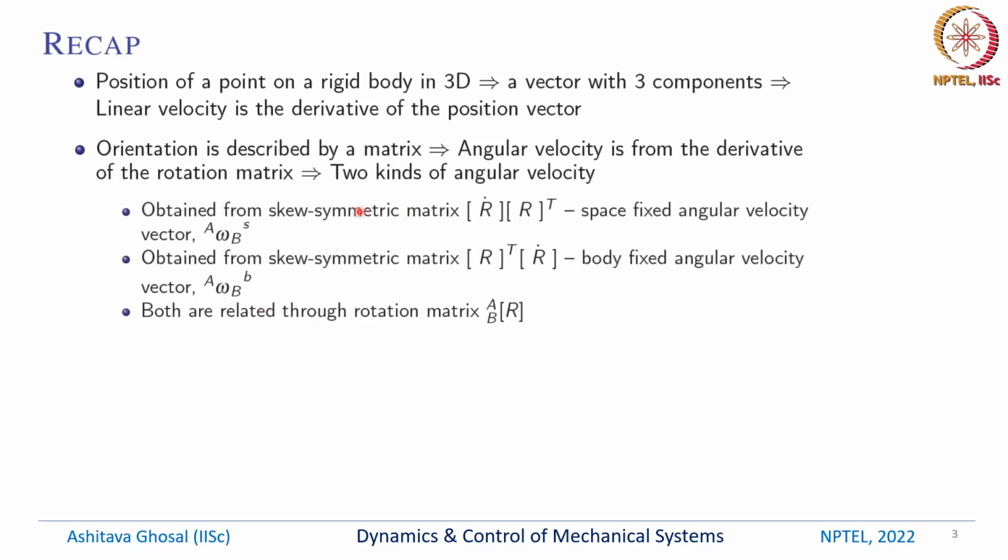So in order to obtain the angular velocity, we first obtained a skew-symmetric matrix, which is R dot R transpose.